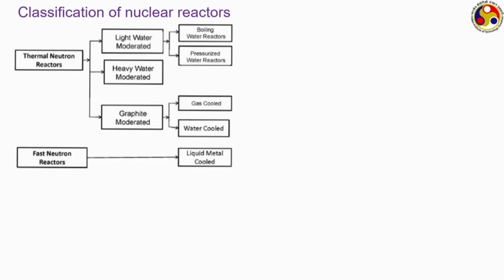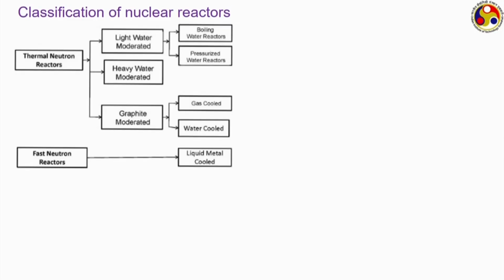It can be a pressurized water reactor where the coolant remains in a single phase because of high system pressure, or the coolant can undergo a phase change, then we call that a boiling water reactor. The graphite moderated reactor again can be of 2 types. One which uses some kind of gas like carbon dioxide or helium as the coolant, the other which uses water as the coolant. The fast neutron reactors, by definition, need to use fast neutrons, so there is no moderator there, and they generally use liquid metal as the coolant.